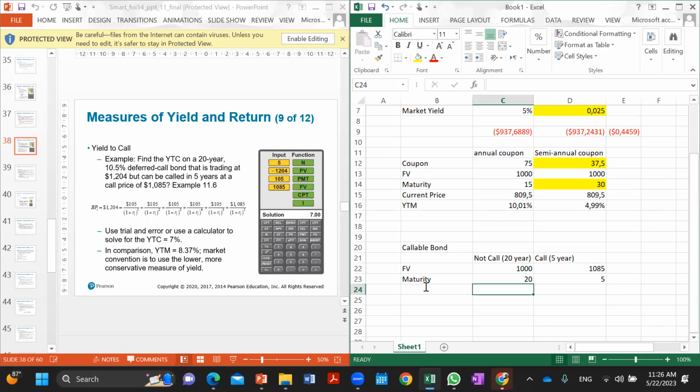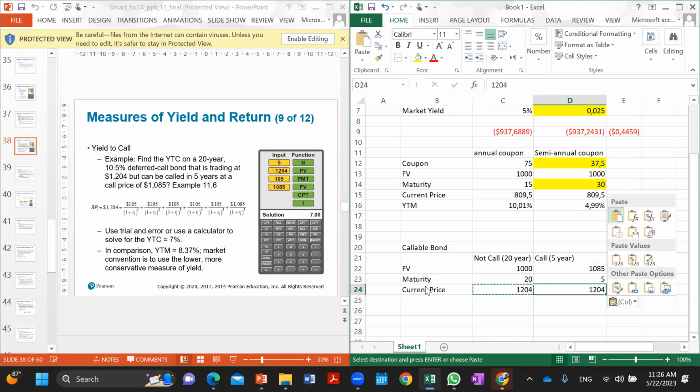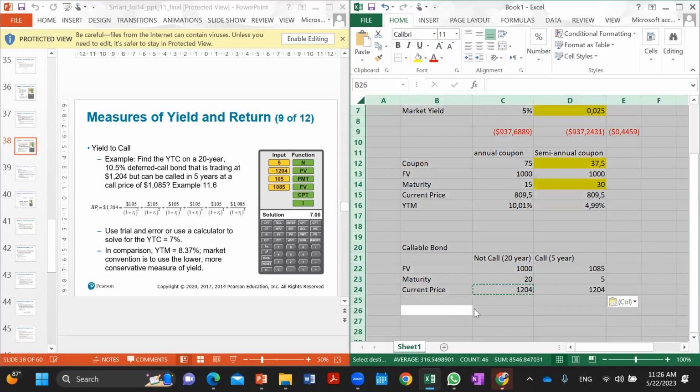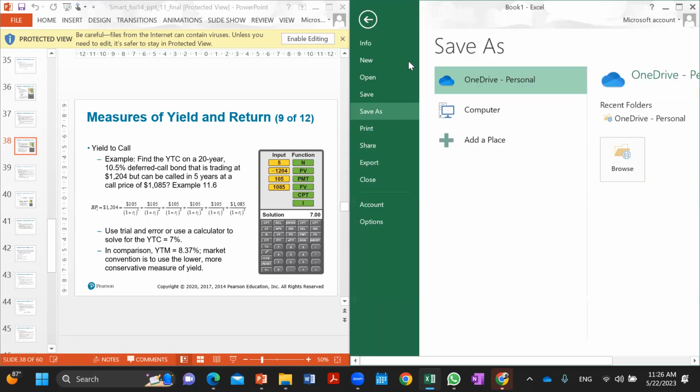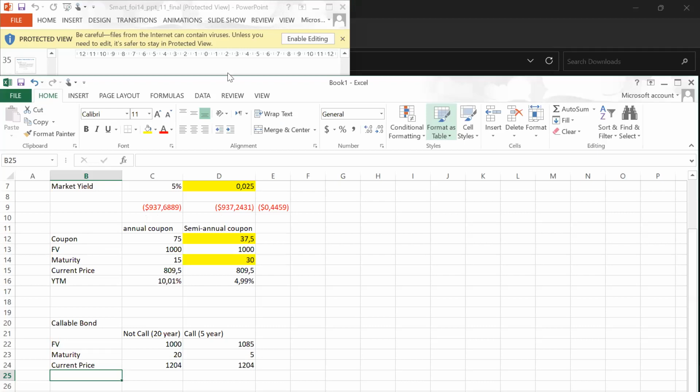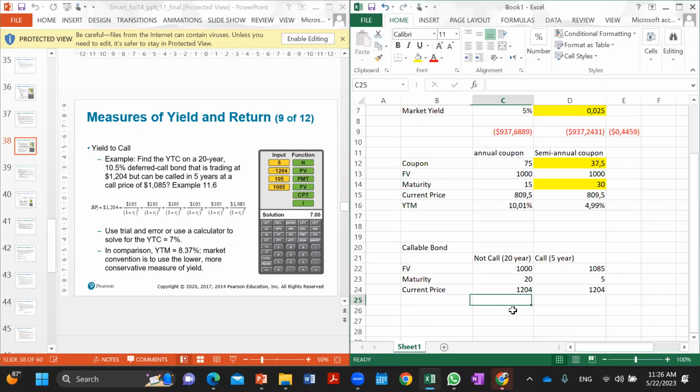Then the current price is 1204, which is also the same here. Okay, so these are the data that we have.